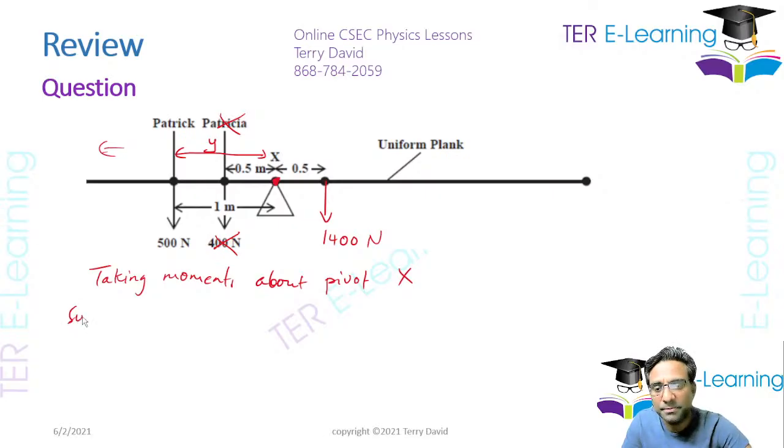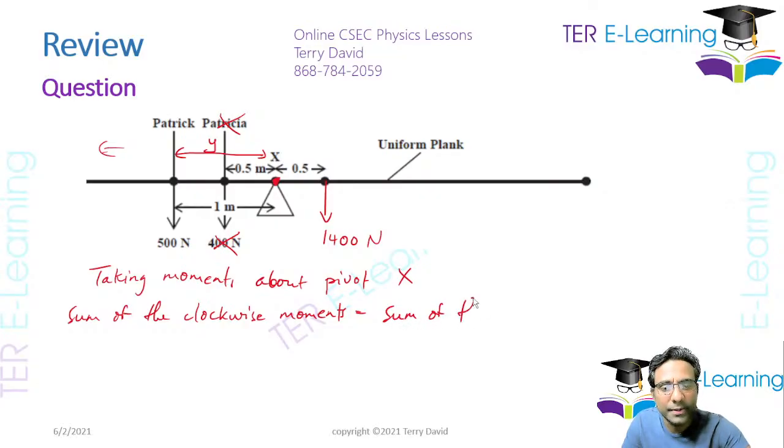So the sum of your clockwise moments is equal to the sum of the anti-clockwise moments, right? So you sum your clockwise moments.